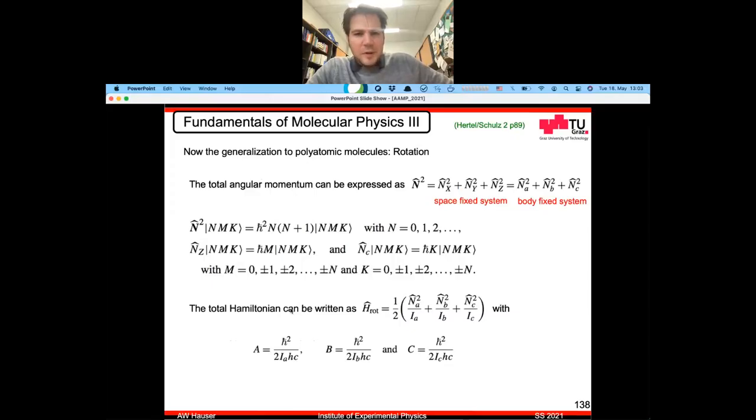And so if we look at the rotational energy, it is a simple sum of the contributions for the projections of the angular momentum on A, B, and C. So I can say the rotational energy is simply our angular momentum component squared divided by 2 times the moment of inertia.